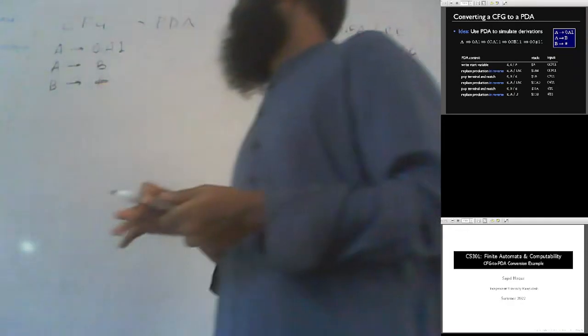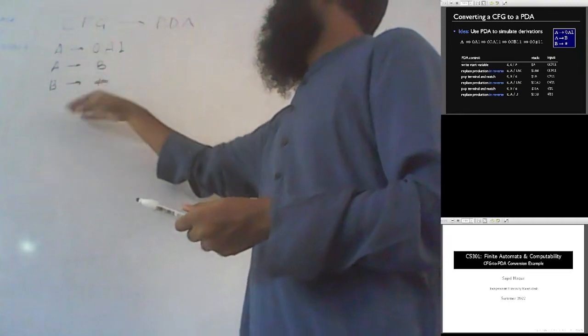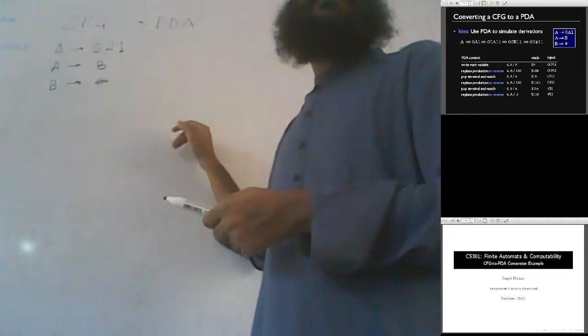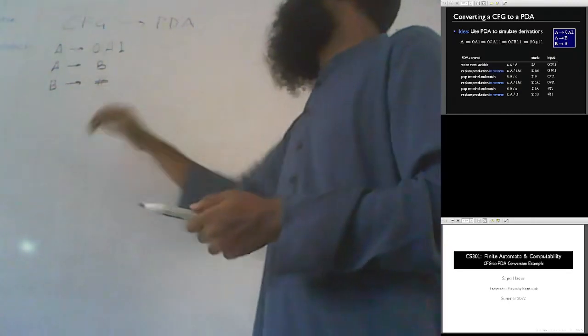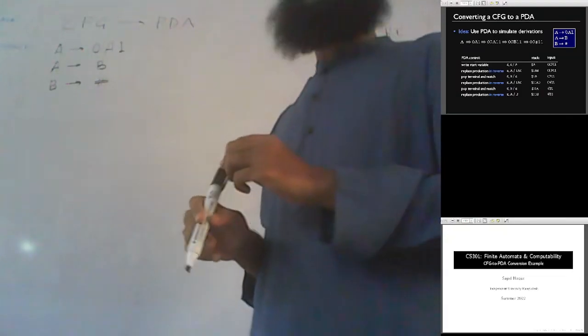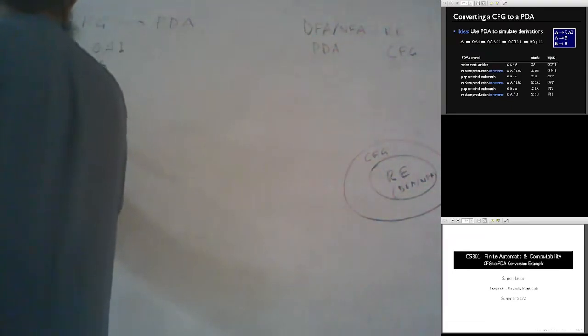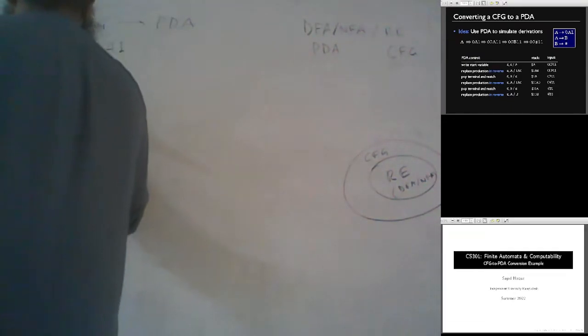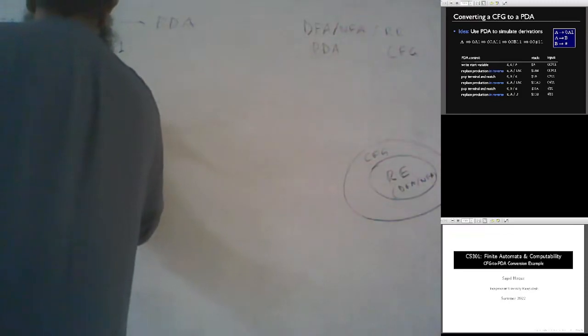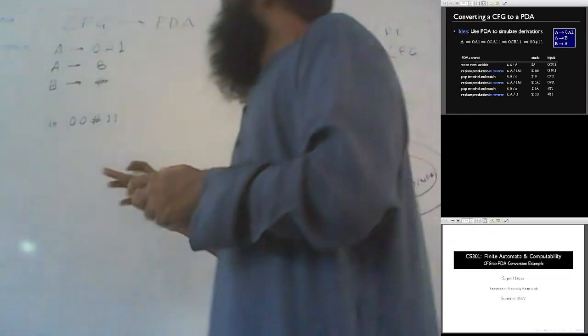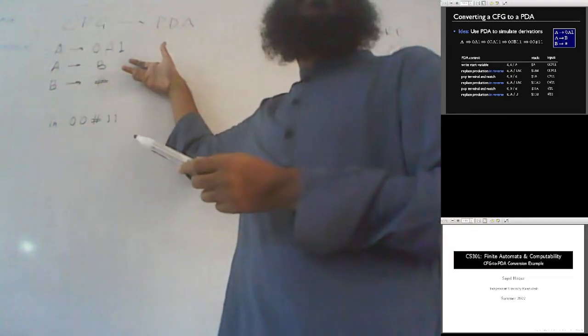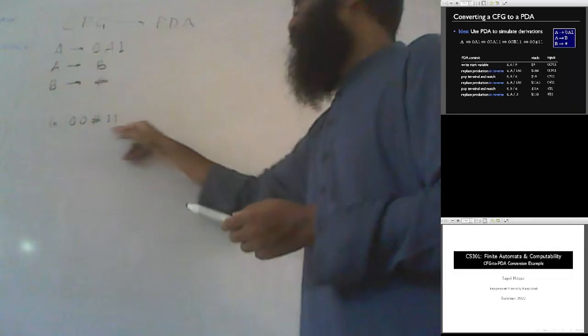So this accepts languages of the form a bunch of zeros followed by a hashtag followed by a bunch of ones, where the number of ones is the same as the number of zeros. So for example, let's say your input string is 0, 0, hashtag, 1, 1. This is part of the language of the context-free grammar. So when we run it, the string should give us yes.